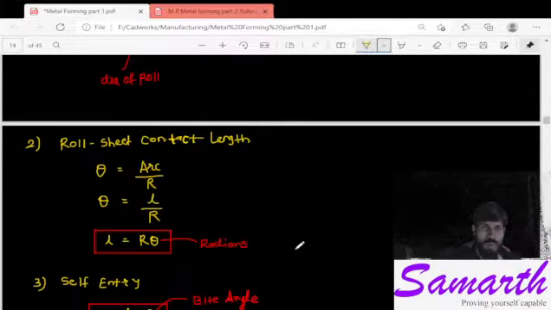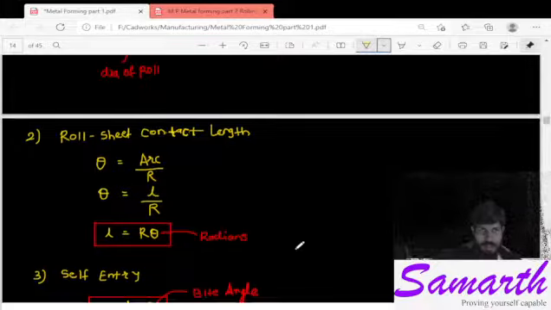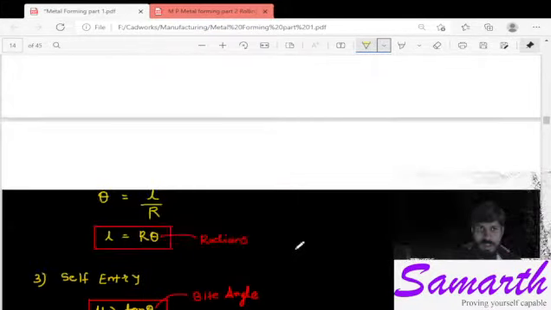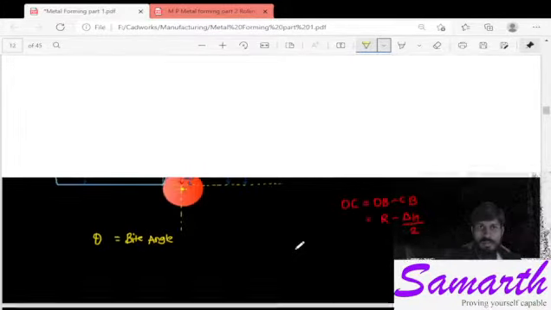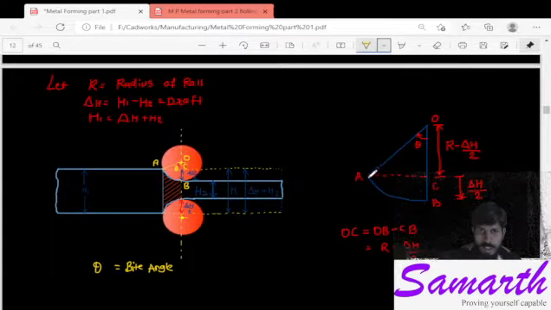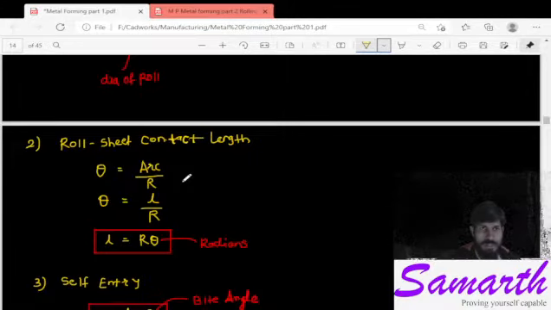Now the roll-sheet contact length, what will be that length? Here in the figure you can see this much is the contact area length. So we will obtain this length from this figure itself. How? We will again use trigonometry.